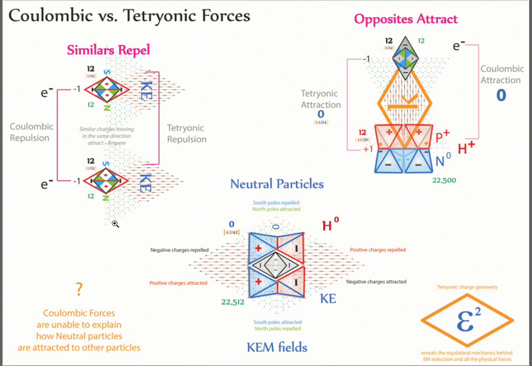Again, it's the geometry of the energy momenta that gives us both the orientation of the magnetic dipole as well as the linear forces or the vector velocities that can be created by the specific number of energy momenta within the field.